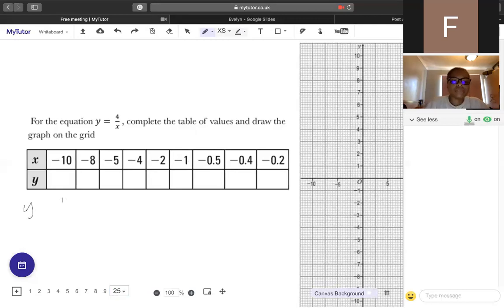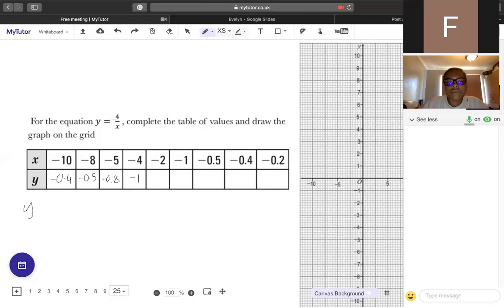So we're going to do 4 divided by minus 10, which will give you minus 0.4. Then the next one is 4 divided by minus 8, which is minus 0.5. Then 4 divided by minus 5, which is minus 0.8. Then 4 divided by minus 4, which is minus 1.